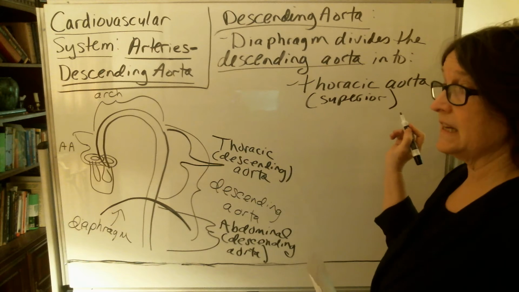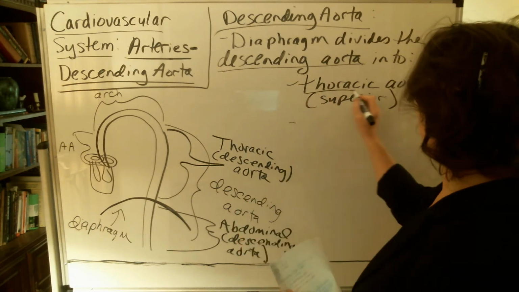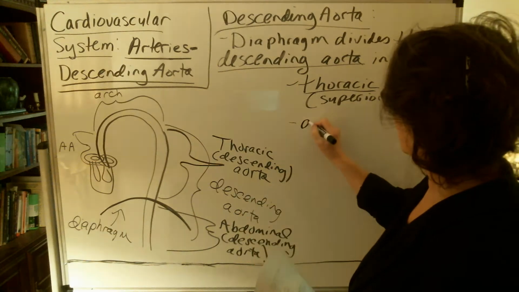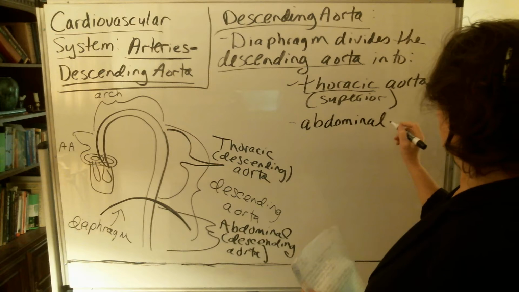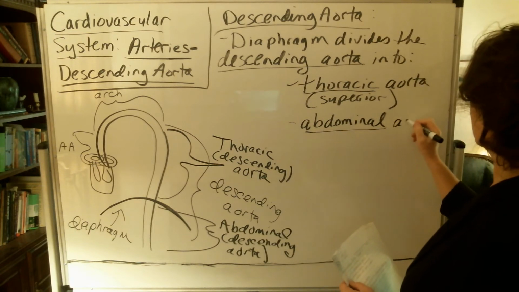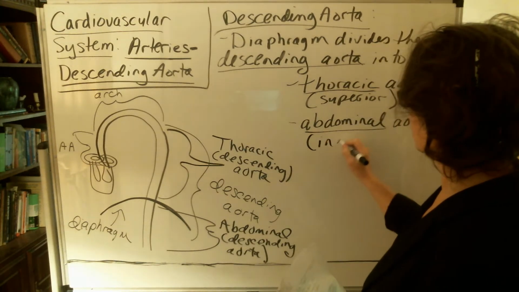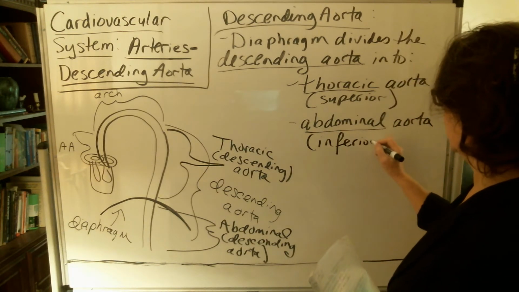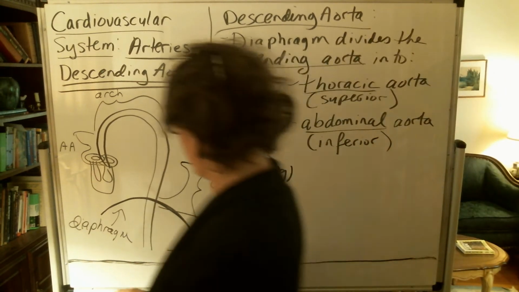It's still the descending aorta, but it's the thoracic portion of it. And then we have the abdominal aorta, which is the inferior portion of the descending aorta.